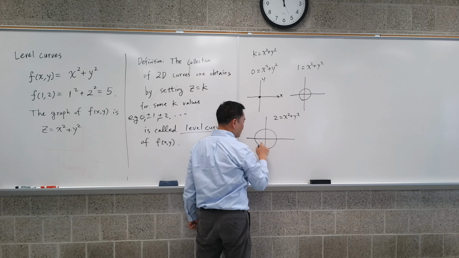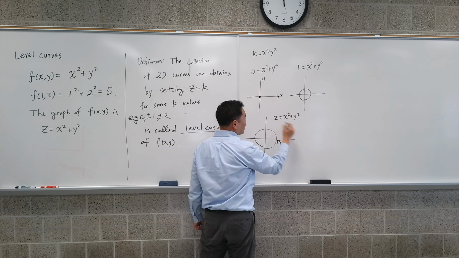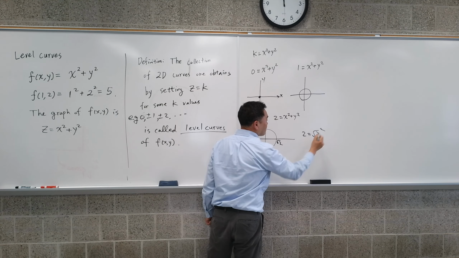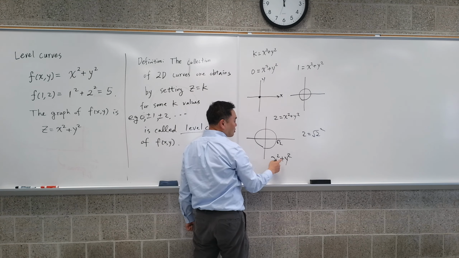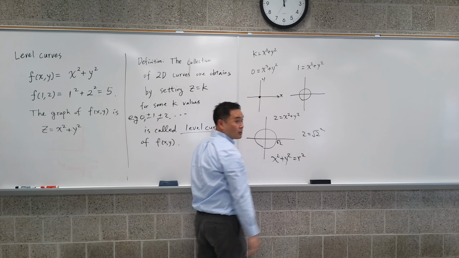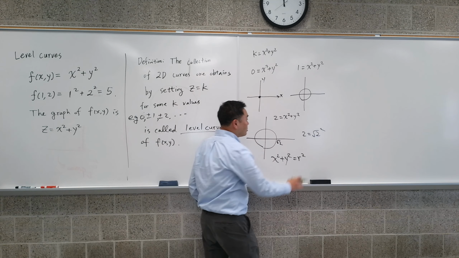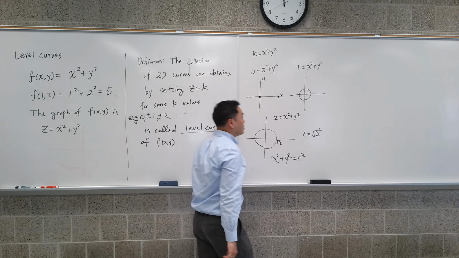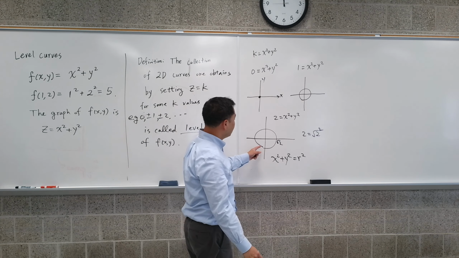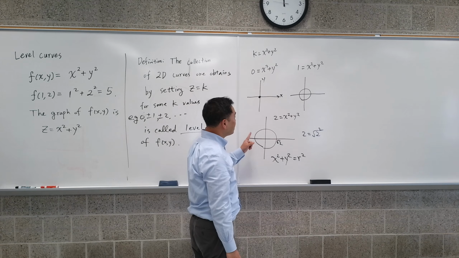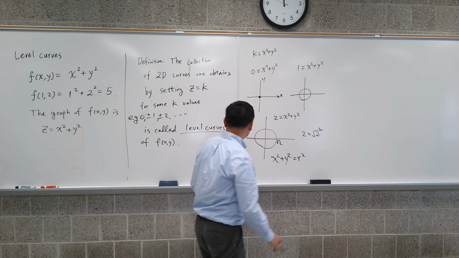It's root 2, because 2 is equal to the square root of 2 squared, and the formula for the circle is x squared plus y squared equals r squared, right? So you need to do that, okay? And then you have square root of 3, square root of 4, which is 2.